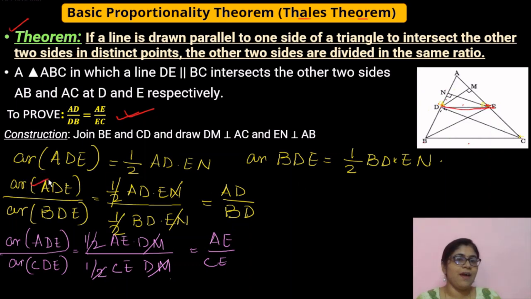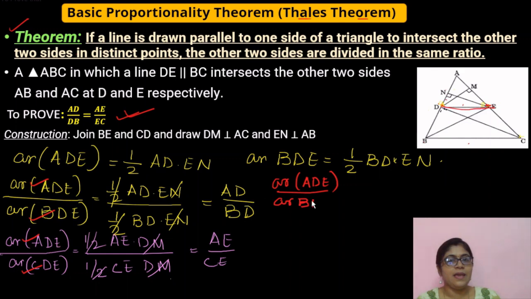So, area of BDE equals area of CDE. So, we can say area ADE divided by area BDE equals area ADE divided by area CDE.